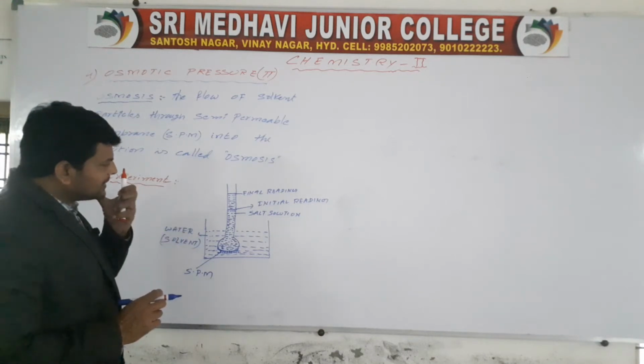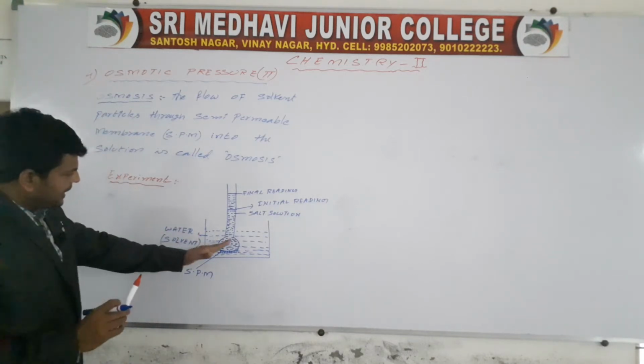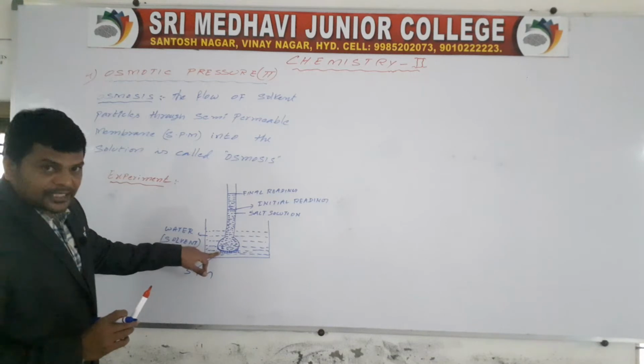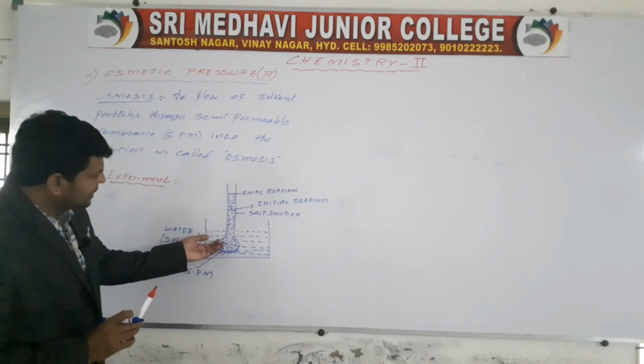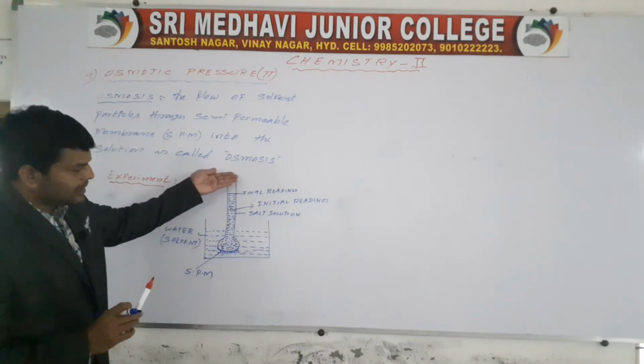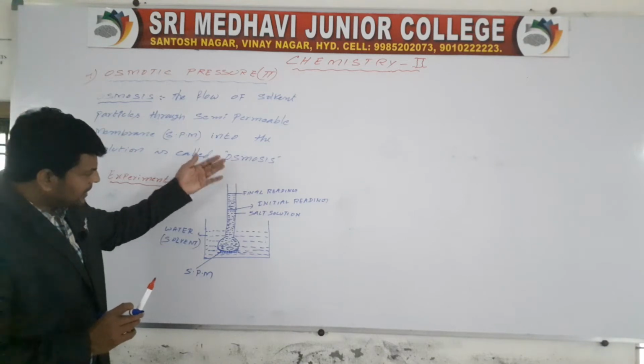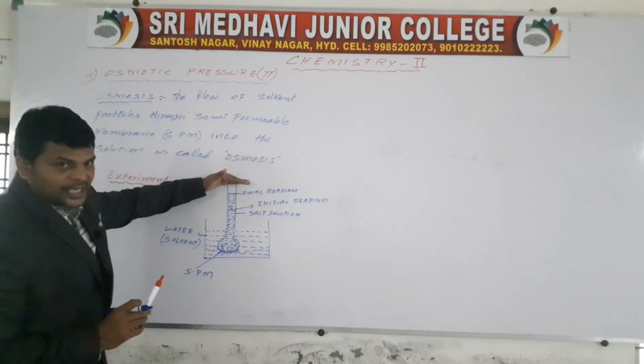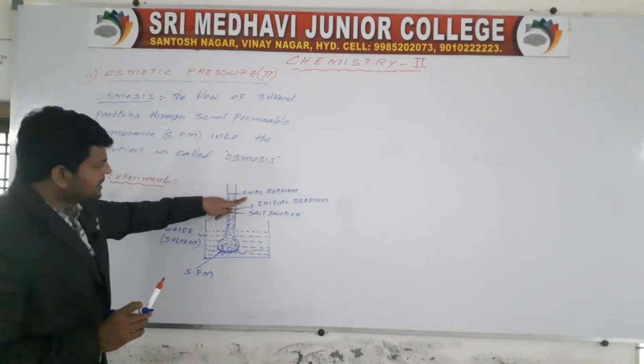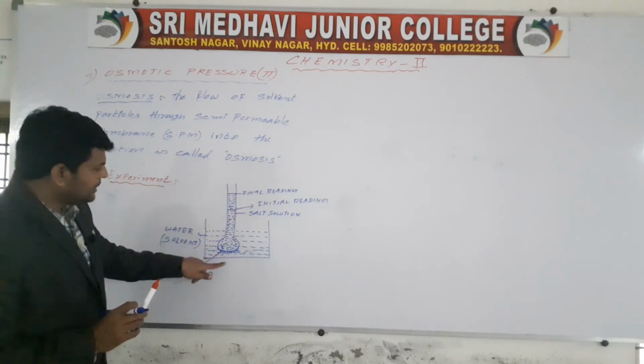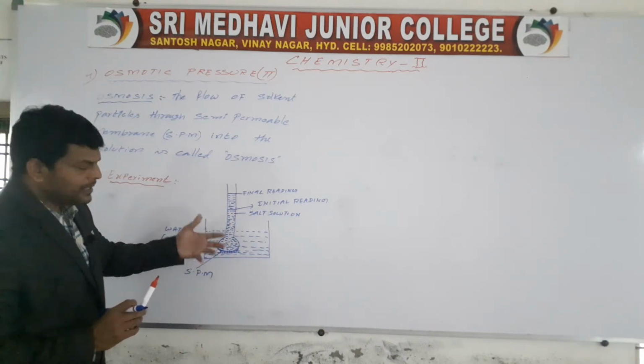When solvent particles enter through the semi-permeable membrane, the volume reading will rise. Then if you apply pressure to bring the final reading back to the initial reading, the phenomenon will stop.